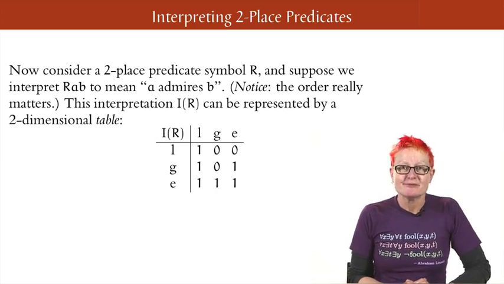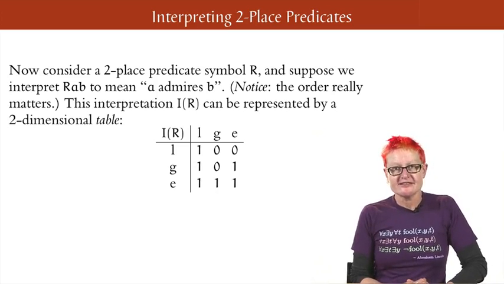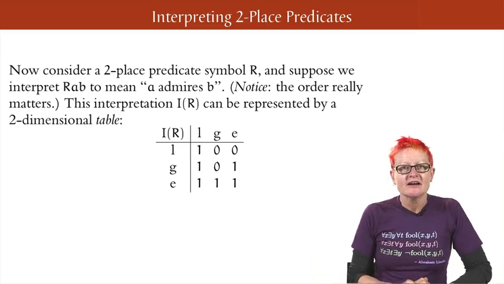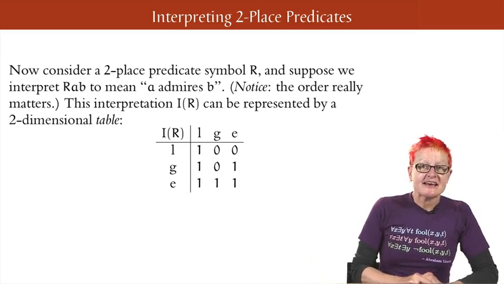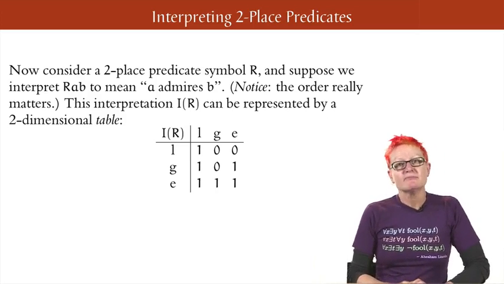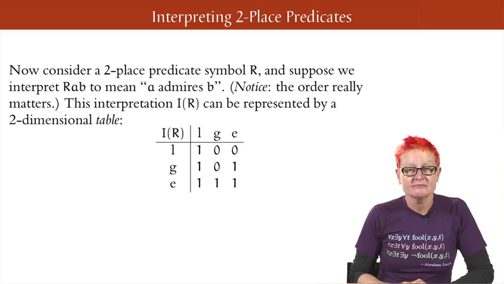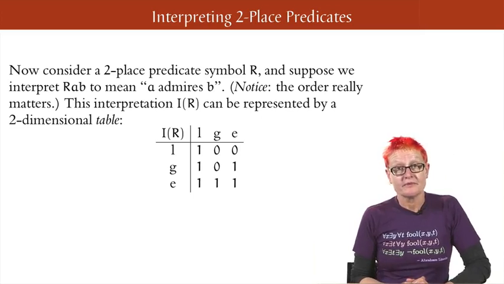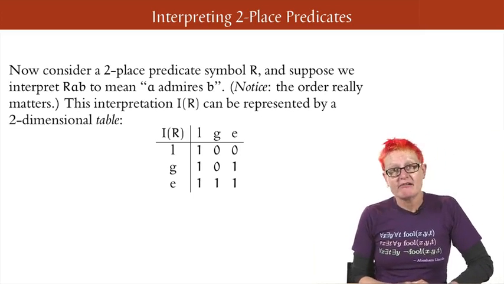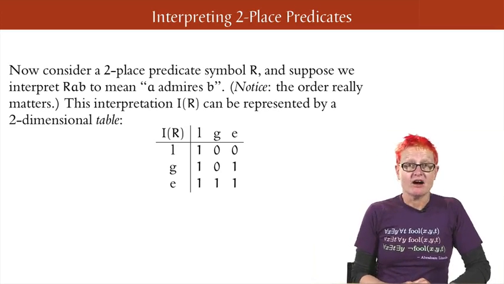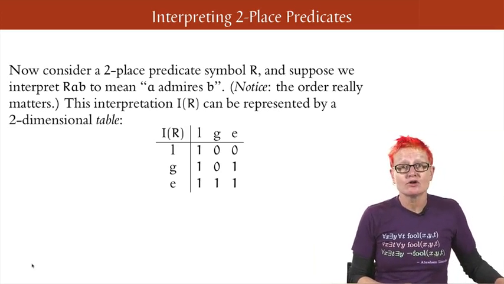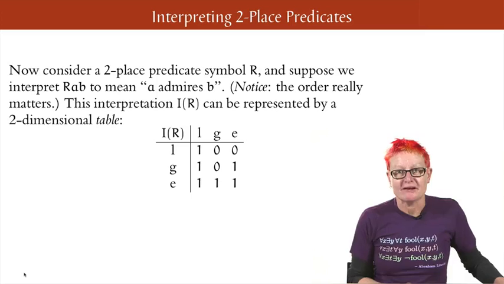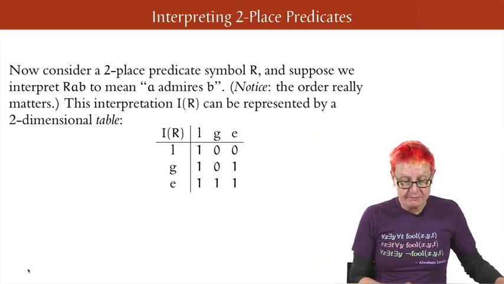Staying with our now favourite domain consisting of Lovelace, Gödel and Einstein, the intended interpretation I of R would have Lovelace admiring, say, Lovelace, but not admiring either Gödel or Einstein because Lovelace was dead before either of them were born. I of R could have Gödel admiring Lovelace and Einstein, but not himself. Gödel was plagued by anxieties. And Einstein admires everyone, Lovelace, Gödel and himself.